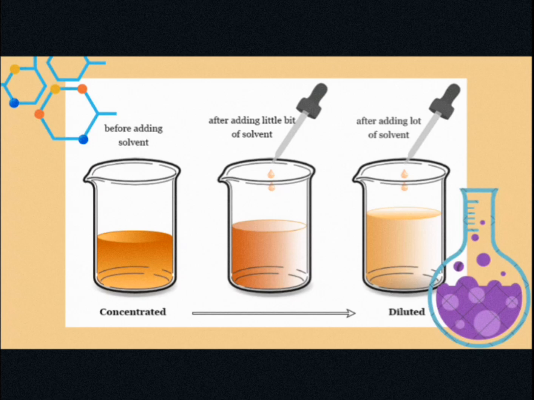The next one is the less concentrated, which is the solution added with a little bit of solvent. And the third one is a diluted solution, which has a relatively small amount of dissolved solute.